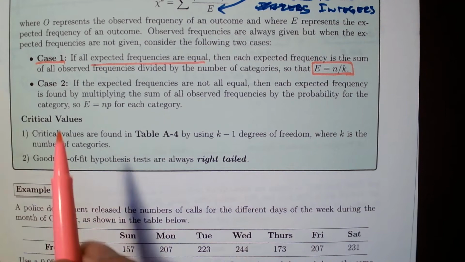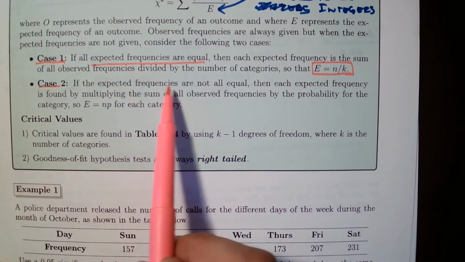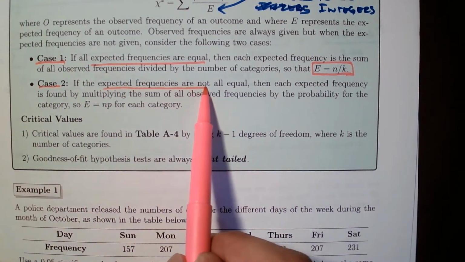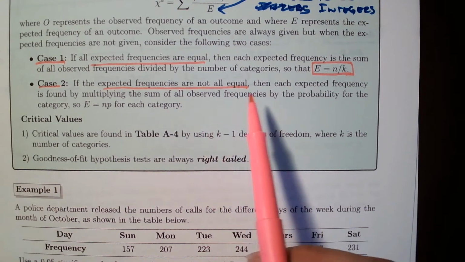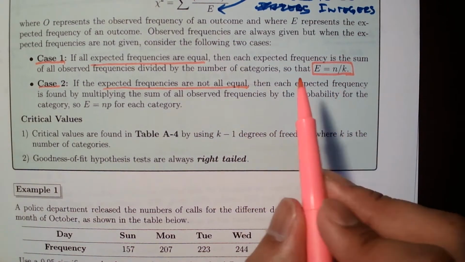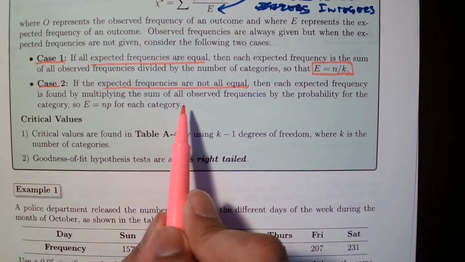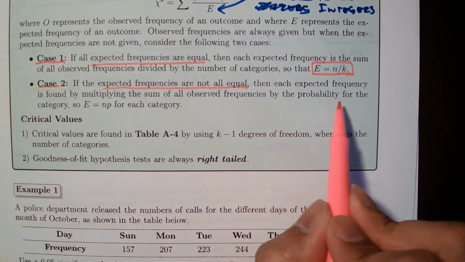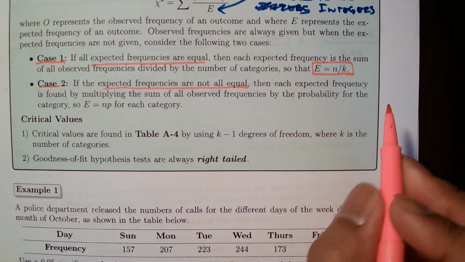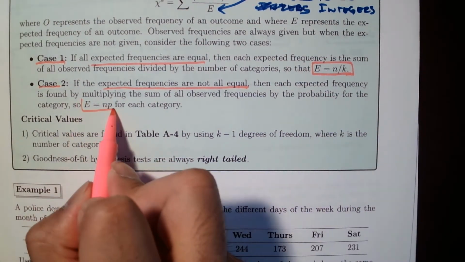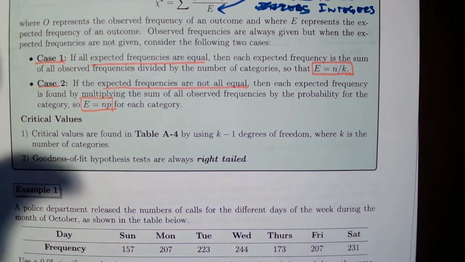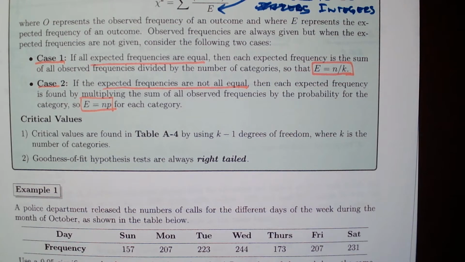In case 2, if expected frequencies are not equal, then each expected frequency is obtained by multiplying the sum of all the observed frequencies by the probability of the category, that is, E equals np for each category. We're going to do an example of each.